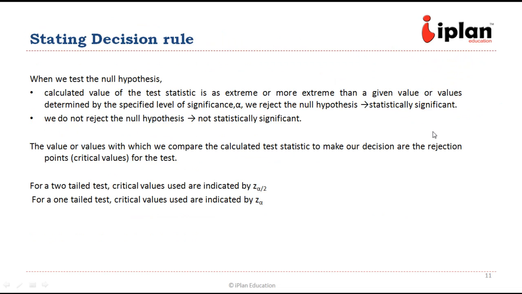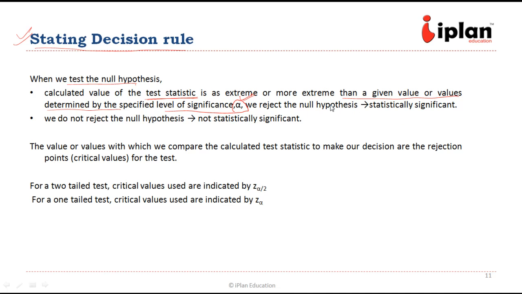Now let us move to the next step, stating the decision rule. When we are testing the null hypothesis, we calculate the value of the test statistic. We have already seen the formula. There is a specific level of significance alpha which we have determined.